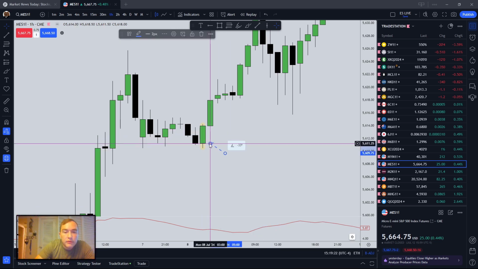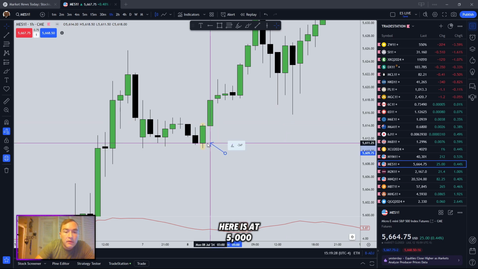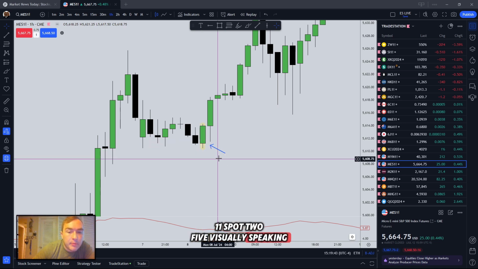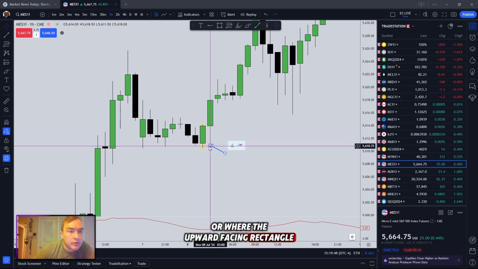Okay, so notice guys that the bottom of the candle here is at 5,611.25. So notice that the open of this candle right here, if I hover over it, says 5,611.25. Visually speaking, it's that notch right there where the square begins, or where the upward facing rectangle begins.